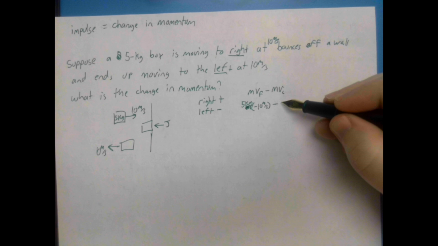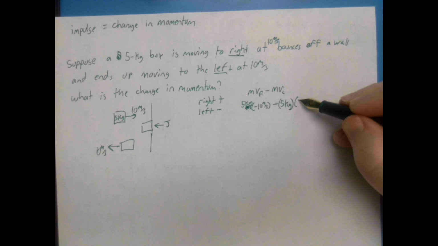Initial was positive, so 10 meters per second. So that'd be negative 50 kilogram meters per second minus 50 kilogram meters per second. And we end up with a total of negative 100 kilogram meters per second.